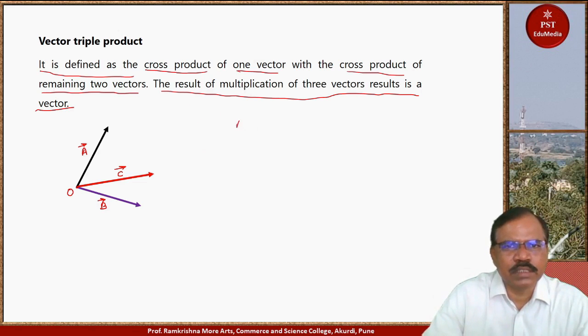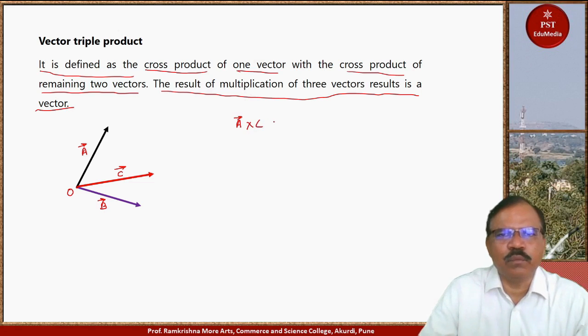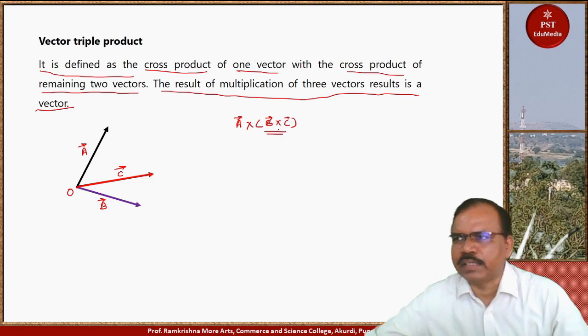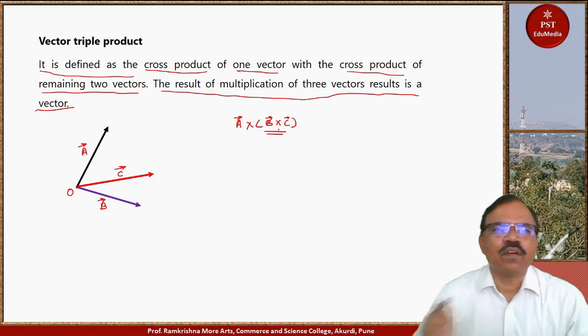Here, I will take A as the first vector, and take the cross product of the first vector with the cross product of the remaining two vectors.